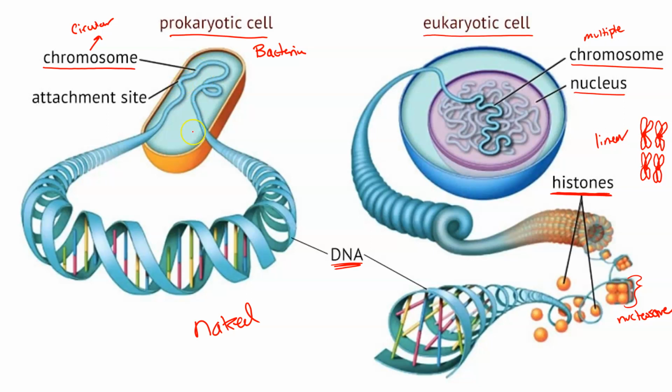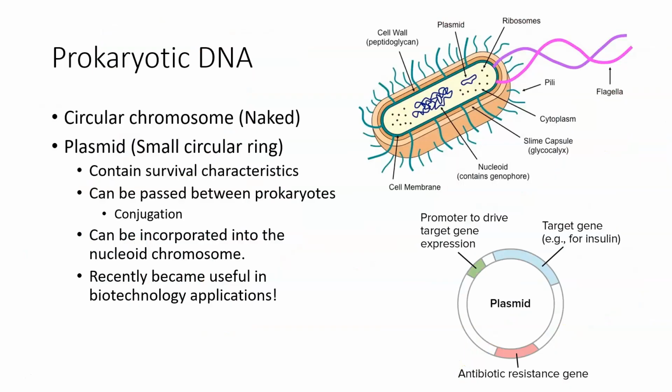It is kept within a nucleoid region, with no nucleus at all. For eukaryotic cells, to wrap up, there are multiple linear chromosomes. Those chromosomes are kept within a nucleus, and they are typically paired in homologous pairs, at least in diploid organisms. And the DNA is not naked. It is associated with histone proteins, and those histones are grouped into octamers called nucleosomes.